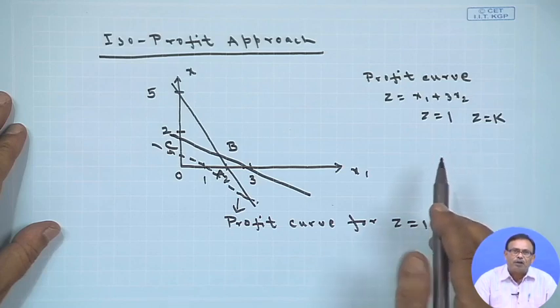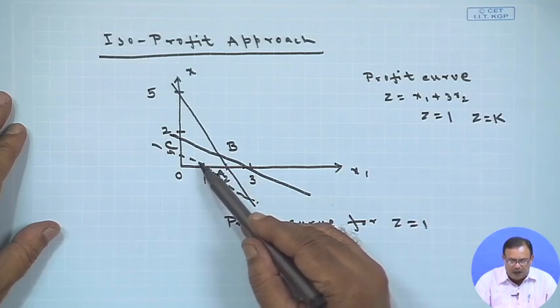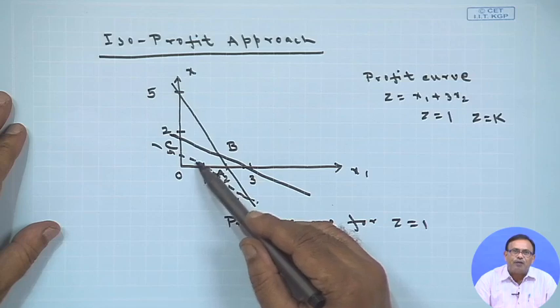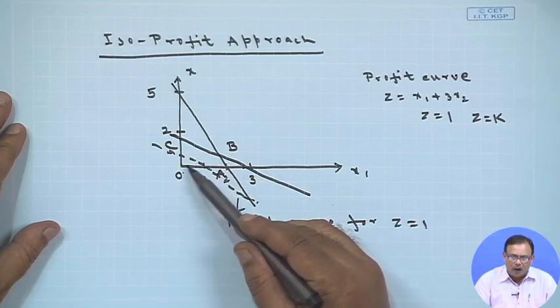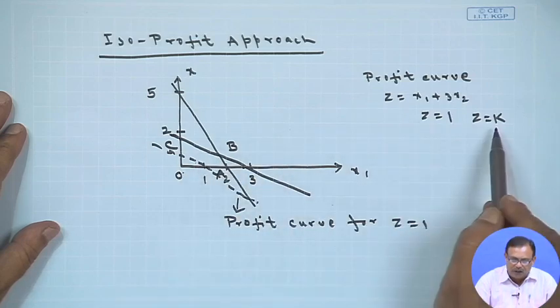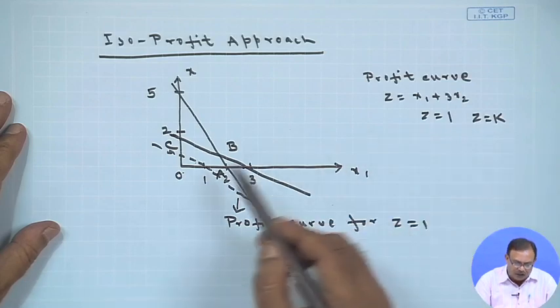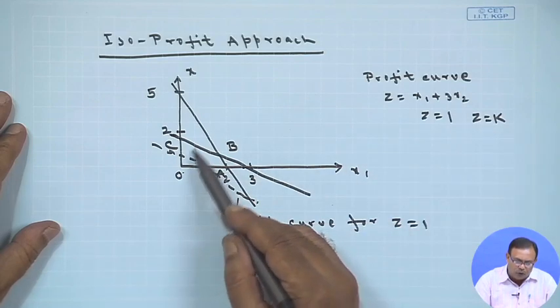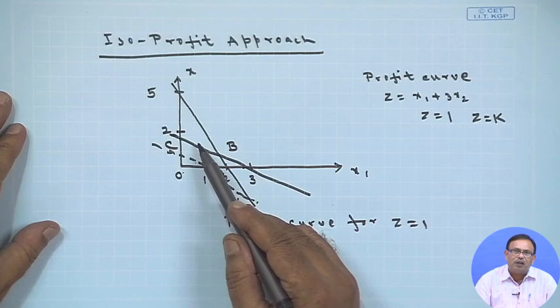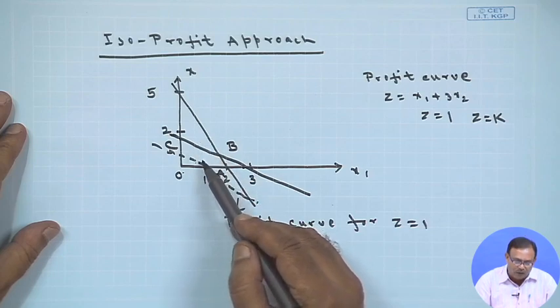Your next step is to move the line z equals 1 away from the origin by changing the value of k, such that when it goes to the maximum distance, it gives the maximum value for z.